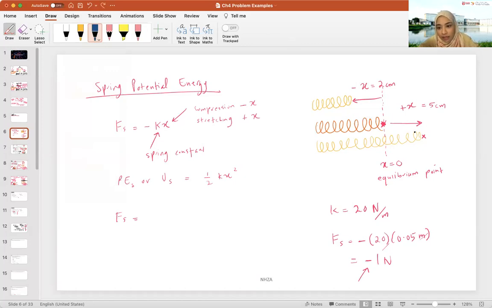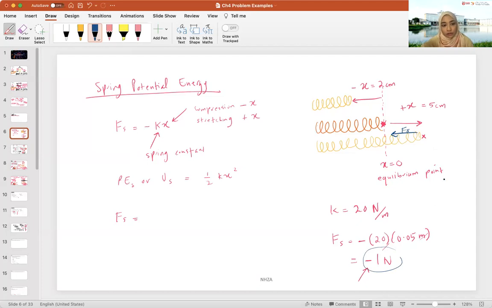My Fs is acting this way. Fs is going to the left. How did I know this? Because I defined to the right as positive and to the left as negative. My answer is negative. I know it's to the left. This is why it's important to define your equilibrium position and defining your positive and negative for a spring system.